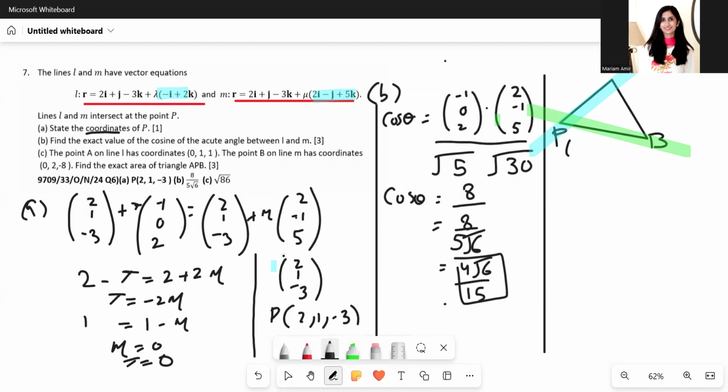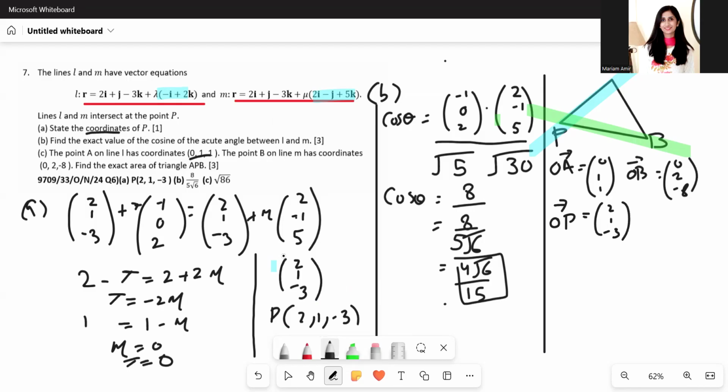In fact, let me just write them all together. So we already know OA is (0, 1, 1), OB is (0, 2, minus 8), and OP is (2, 1, negative 3). All right. So we also have cos theta.